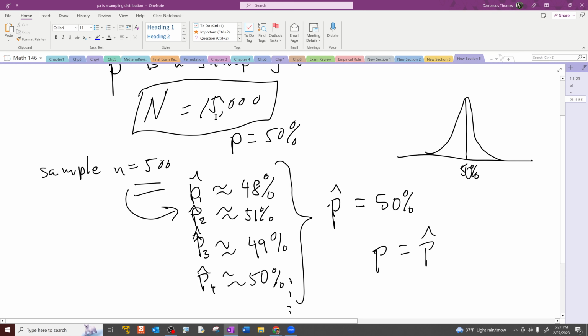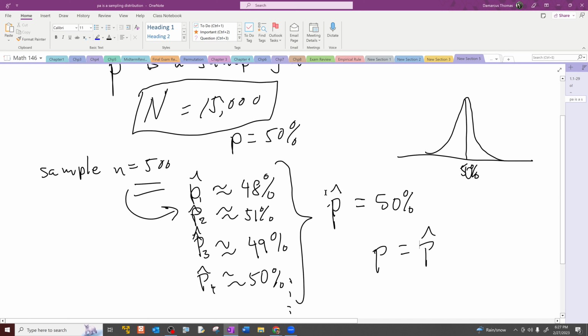I couldn't say an infinite amount, but it's pretty close to it, right? There's a lot of samples of 500. And when we average them all out, the average will actually be the average of the true population. And so that's why we can say that those two are true.